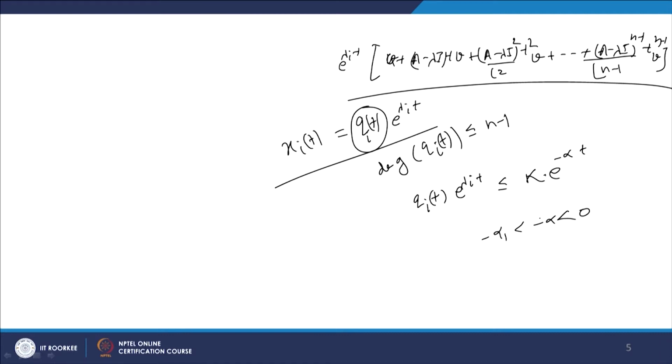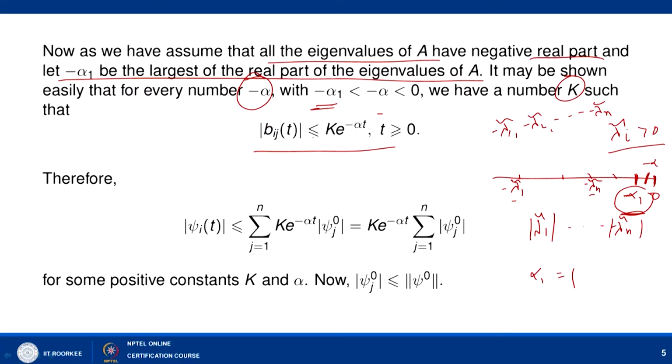So, my claim is that I can always write the norm of e to the power At, in fact I can write that the norm of b_ij(t) is less than k e to the power minus alpha t. How can I write it here? My claim is that I can find one k such that the norm of q_i(t) e to the power lambda_i t is less than k e to the power minus alpha t.